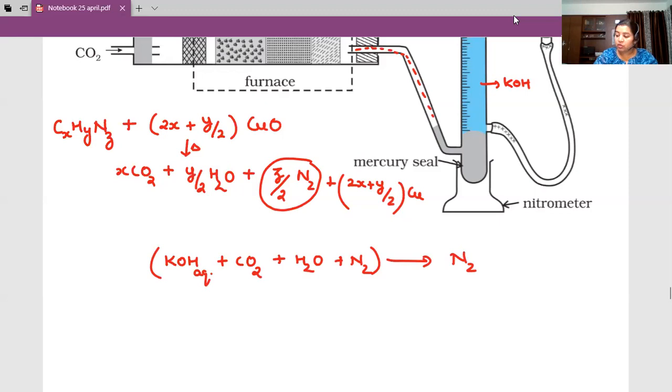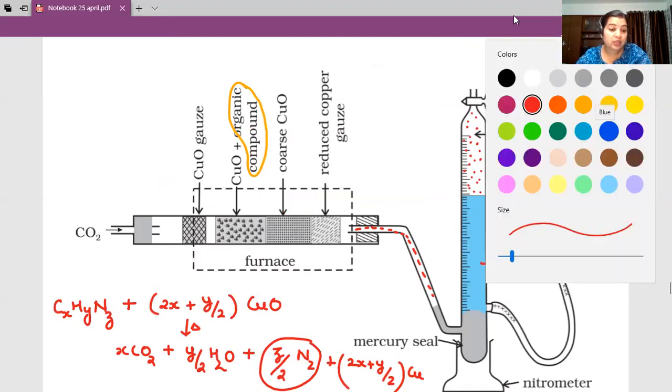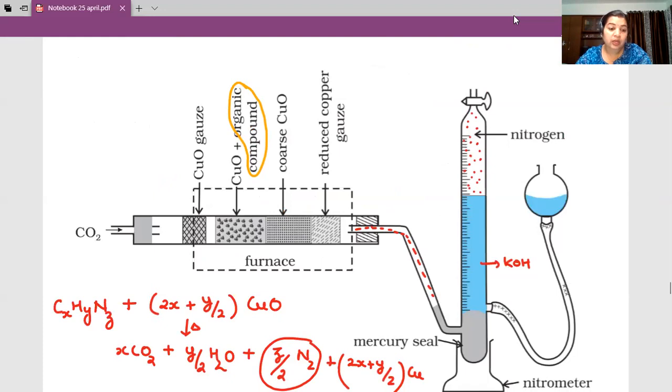Okay, so this nitrogen is coming out and this nitrogen will start collecting over here. But you always know, as I am collecting it over an aqueous solution, there will be some water vapors also. Water vapor plus nitrogen.